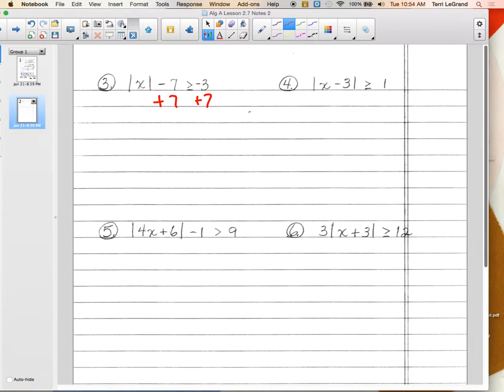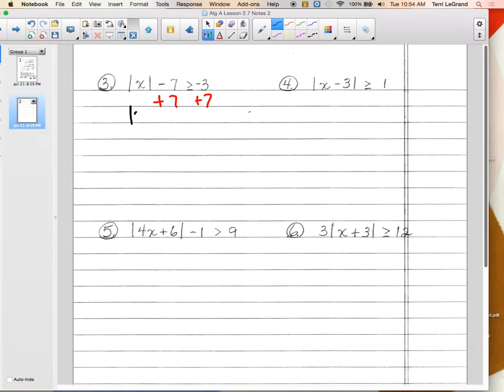We're simplifying it down, because what's our goal? What's always the first thing we need to do? To get the absolute value expression by itself. We're not even worrying about x right now. We're just worrying about getting the absolute value expression by itself. So we're adding 7 to make that happen.